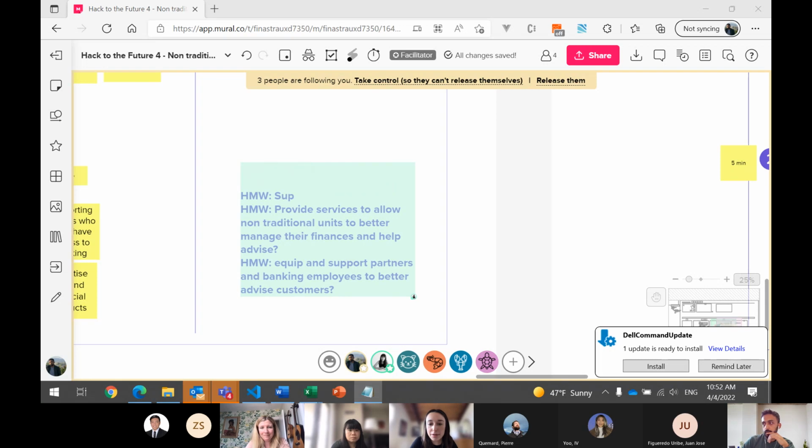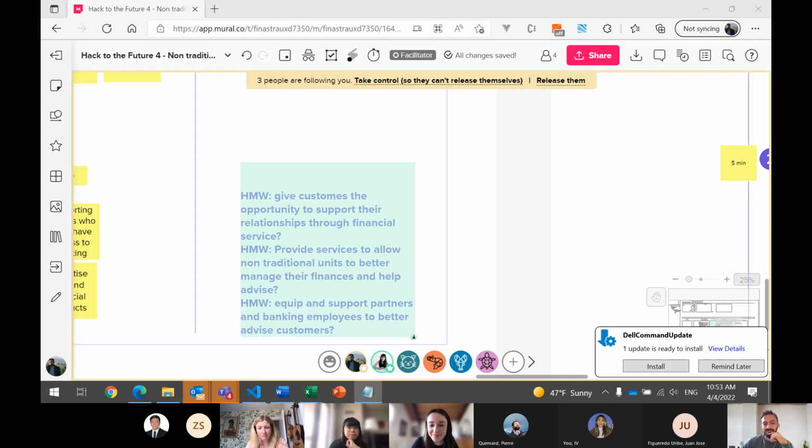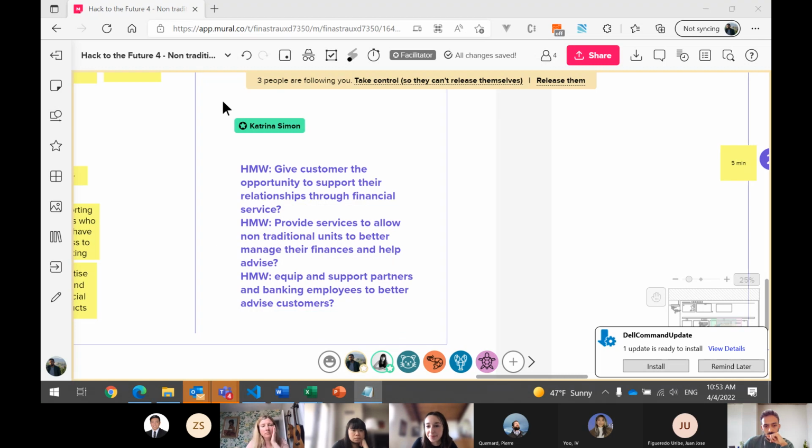How might we support? Do you want to say that again? Yeah. How might we give people the opportunity to support their relationships through financial services? Perfect. Great.